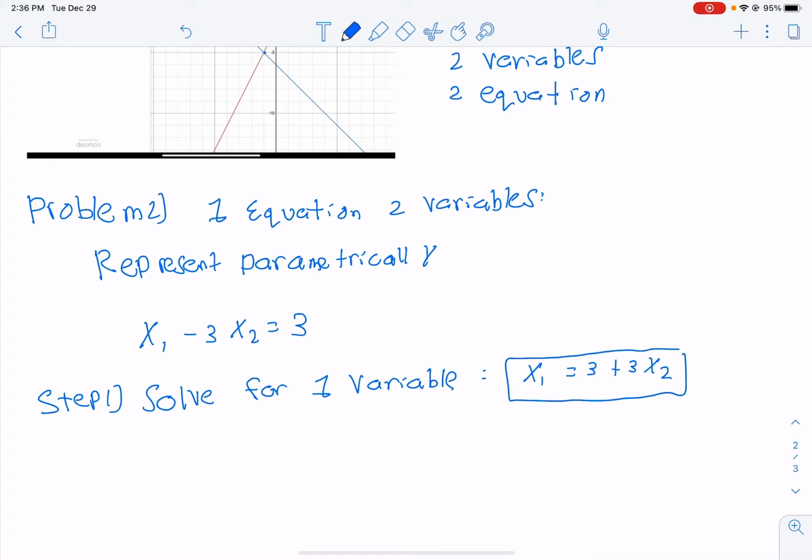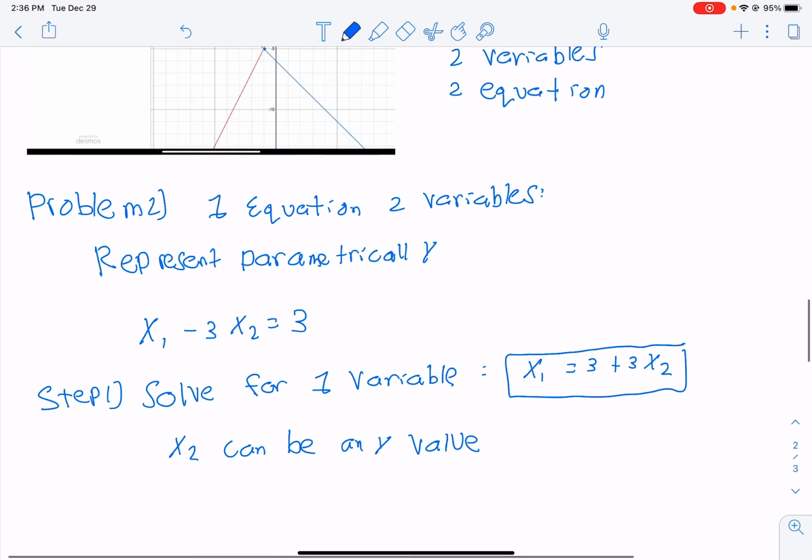Okay, that's great. So x2 can be any value. Why? Because x1 just depends on x2, and x2 could be whatever we have in this scenario.